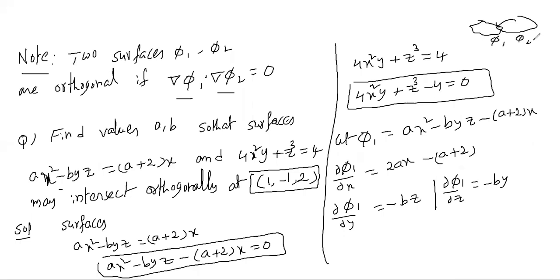These two are intersecting at some point P. They are intersecting means the surface satisfies this point also. When you substitute this point in the surface, you will get one equation. These two are intersecting at the point P, which means the surface is passing through this point, so we can substitute the point in the surface, and it will obviously satisfy.